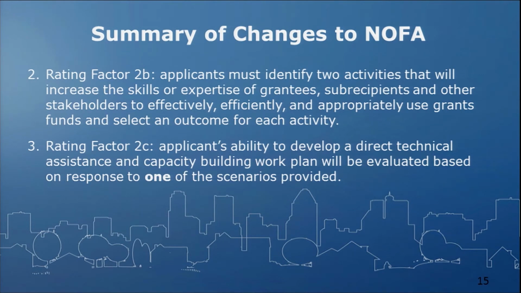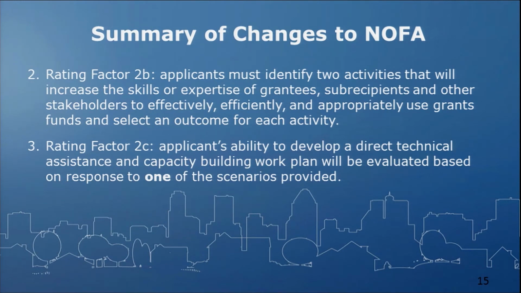To meet this requirement, in rating factor 2B, applicants must identify 2 activities that will increase the skills or expertise of grantees, subrecipients, and other stakeholders to effectively, efficiently, and appropriately use grant funds and select an outcome for each activity. Remember, an outcome is identified as the results achieved or benefits derived from the technical assistance or capacity building which supports the objectives of HUD or CPD programs.